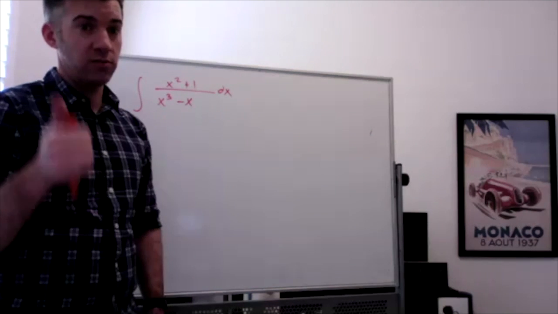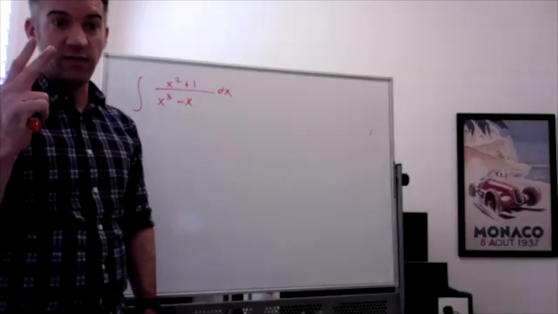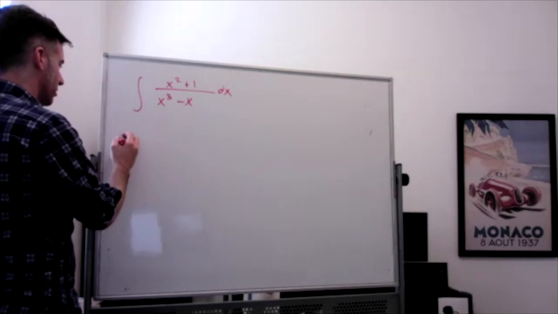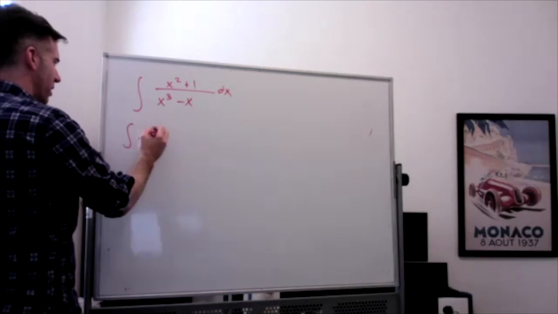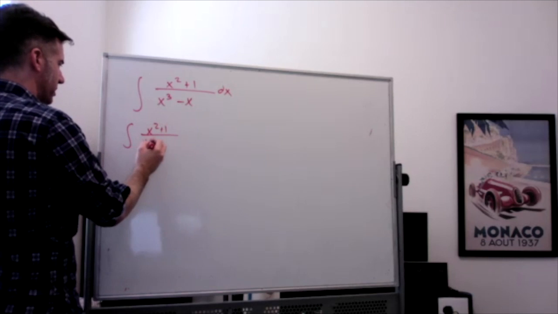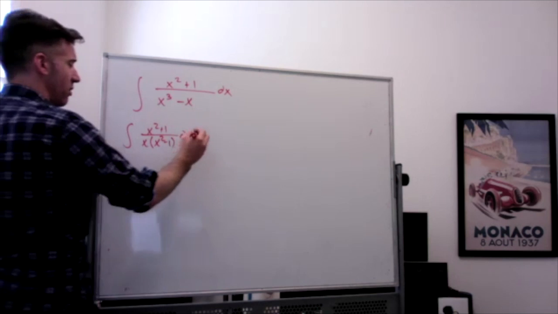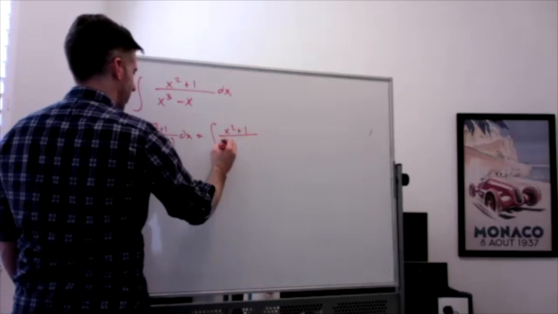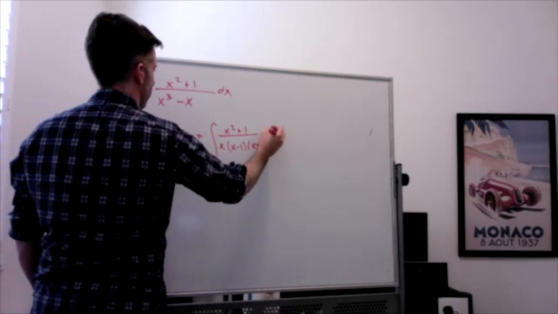It is a rational function, the degree on top is strictly less, and the bottom does factor. So we want to factor the bottom. We can factor out an x, so we can write this as the integral of x squared plus 1 over x times x squared minus 1. We want to factor as much as possible: x squared plus 1 over x times x minus 1 times x plus 1.